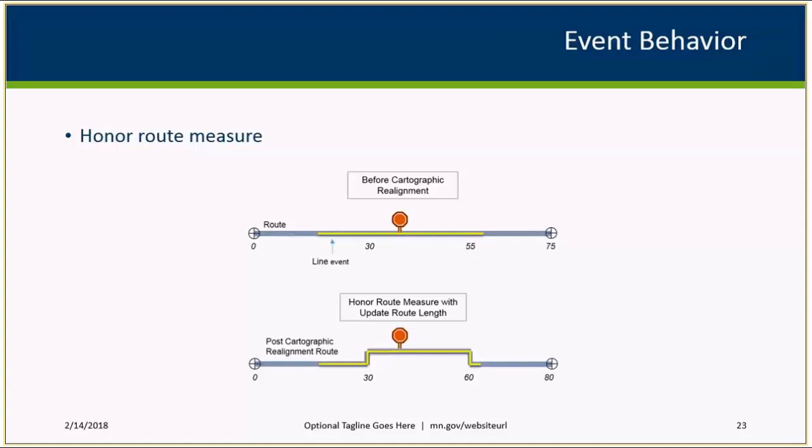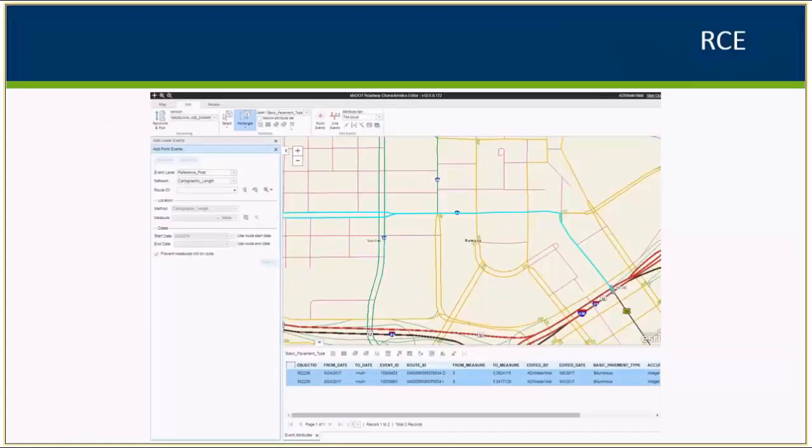For the LRS, events affected by roads and highways edits can be fixed in a web-based application called RCE. The roadway characteristic editor is a web application where events are added or edited. Under the Edit tab, we can select events and view their values in the table.